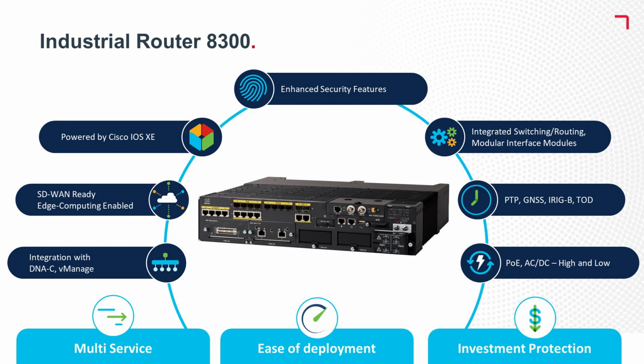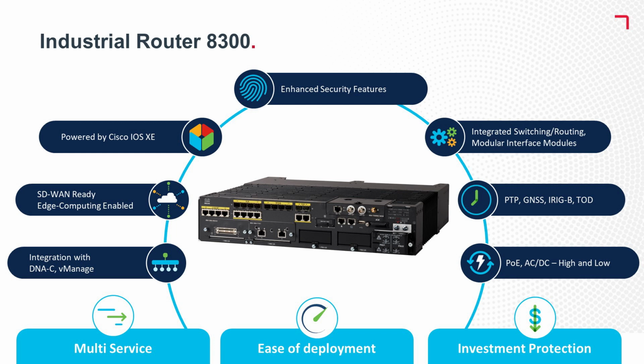Now, the first feature is route and switch. It has routing and switching on a single control panel. That means it's a router as well as a switch. The IR 8340 can talk to other equipment in the substation and even to the control center far away. It uses MPLS, T1/E1, PRI, or 5G network to do that.